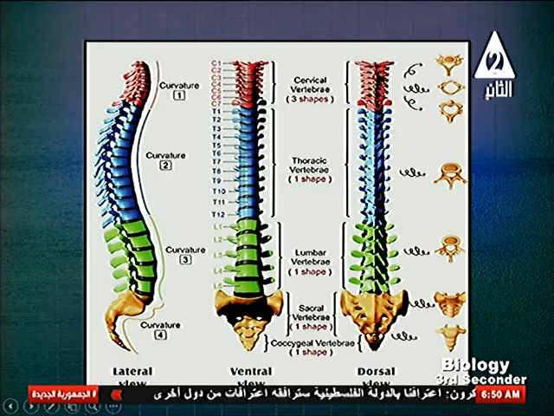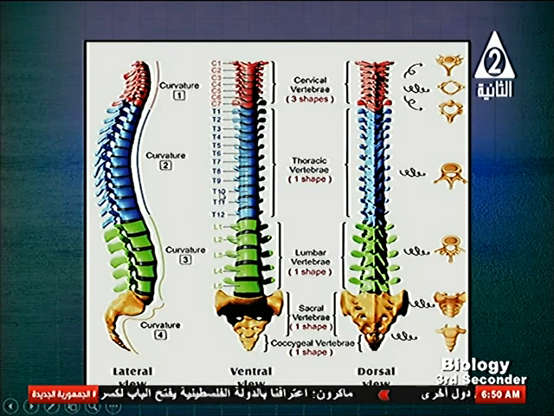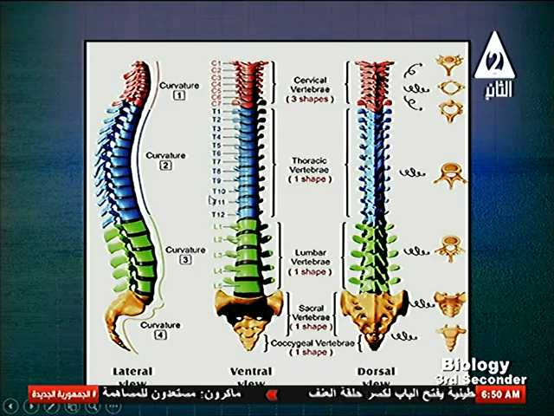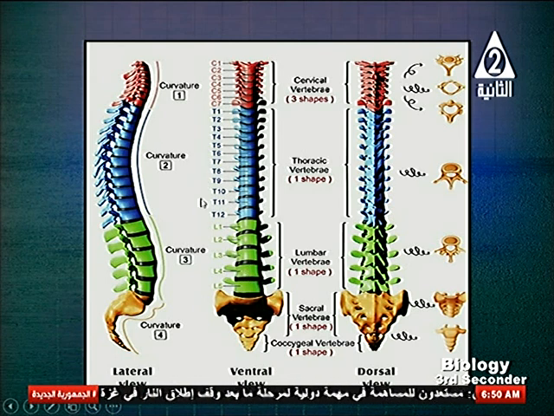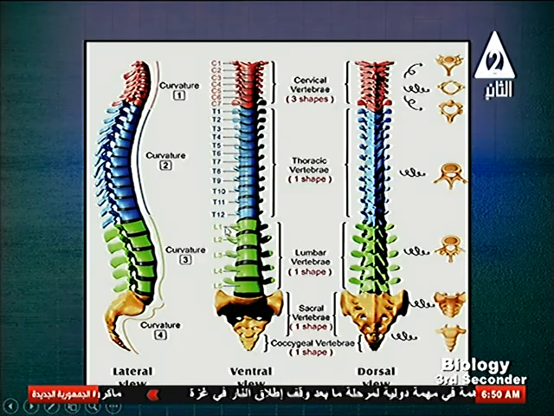If you would like to calculate thoracic vertebra number 10, what is the arrangement in the vertebral column? We say 10 plus 7 equals 17. So thoracic vertebra number 10 equals vertebra number 17 in the vertebral column. Also, vertebra number 17 is in the midpoint of the vertebral column.